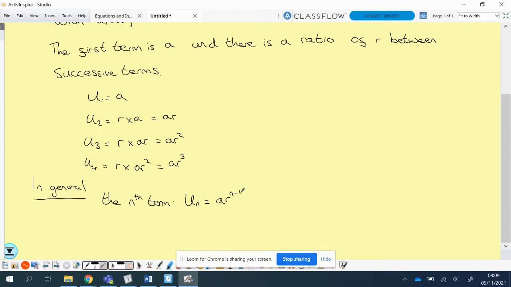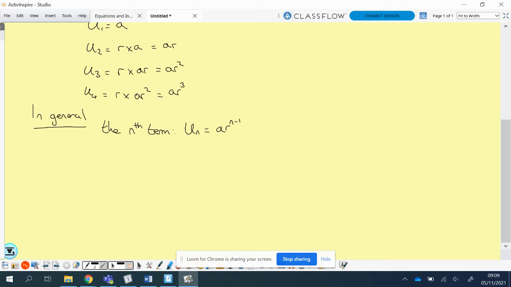If we know the first term A and the ratio R, and we want any term in the sequence, we just substitute n into that. We'll look at a few examples, some quite straightforward, some where a bit more thinking is required.